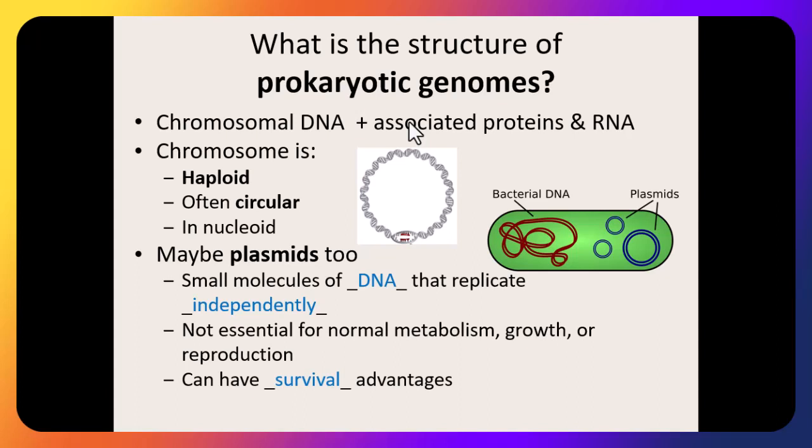Bacteria can have plasmids, something we don't have. They're small molecules of DNA that are separate from their original chromosome. Not all bacteria have this, but bacteria have to have their chromosome. This codes for everything that they need in life, for growth, survival, everything.